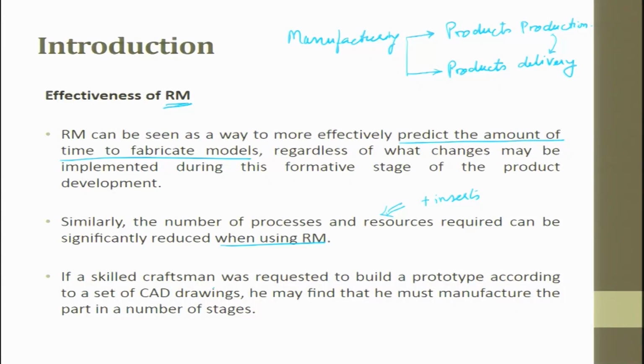If a skilled craftsman was requested to build a prototype according to a set of CAD drawings, he may find that he must manufacture the part in a number of stages. Even after making the CAD, if you try to use a manual operation there, then also it is going to have a number of stages, which is not going to reduce the product life cycle time.